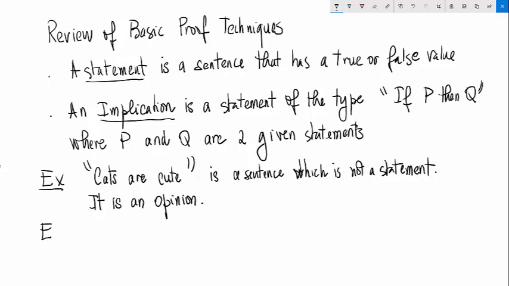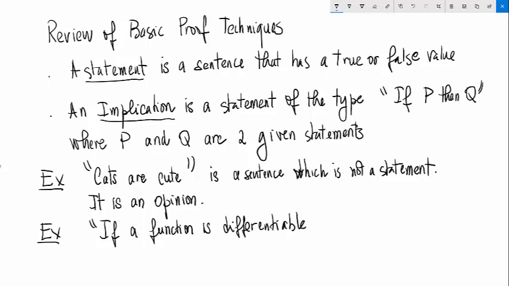And an example of a sentence which is, let's say, an implication would be the following. If a function is differentiable, then it is a continuous function.